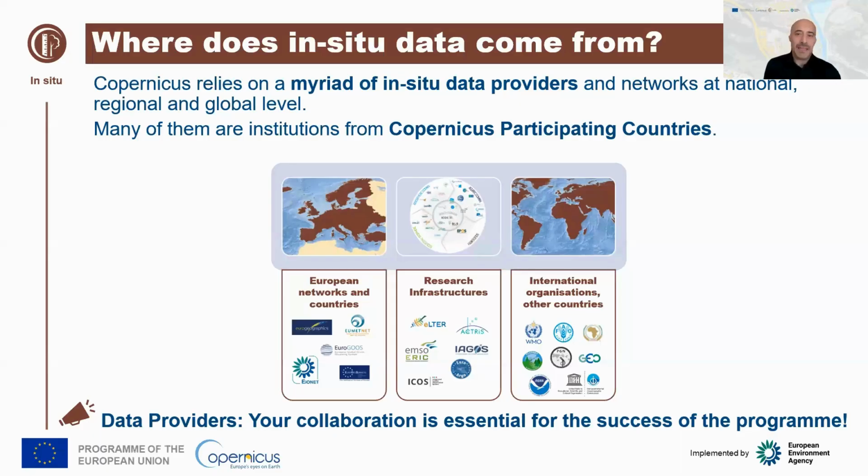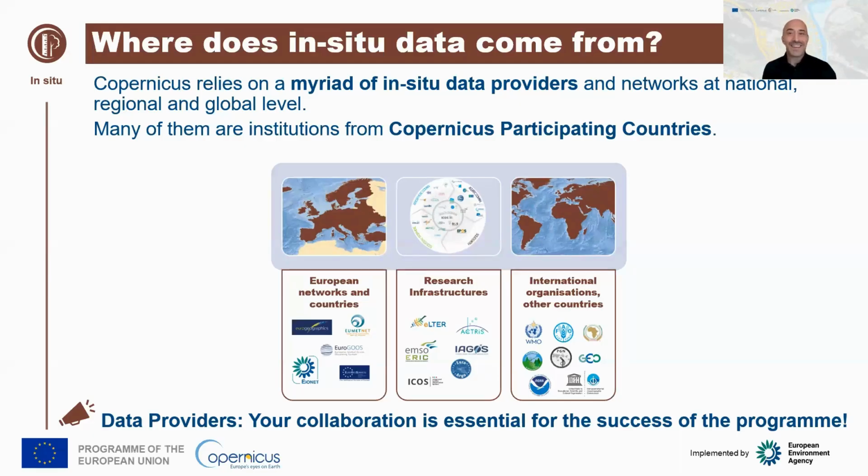Of course, we also depend on data coming from a number of research initiatives and infrastructures, and Copernicus being a global program, we depend as well on data coming from international organizations. I think what I want to highlight here, particularly and especially for those data providers joining today, is that your collaboration is essential for the success of the program.